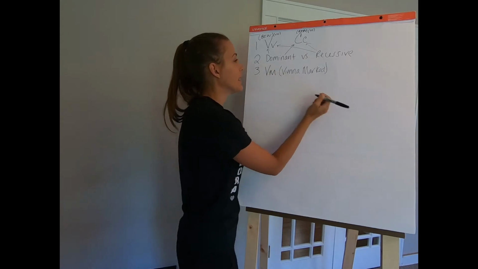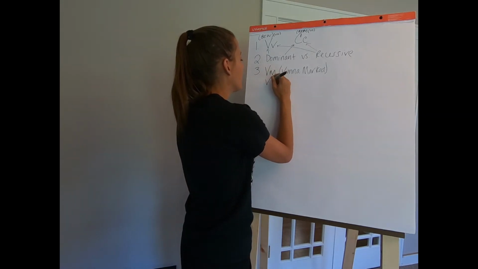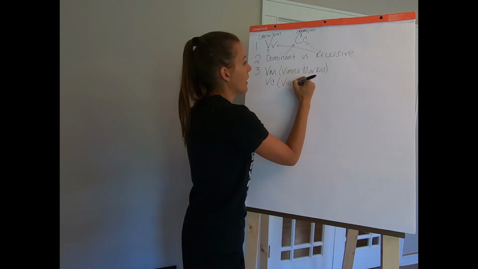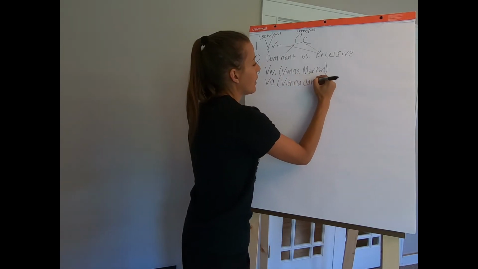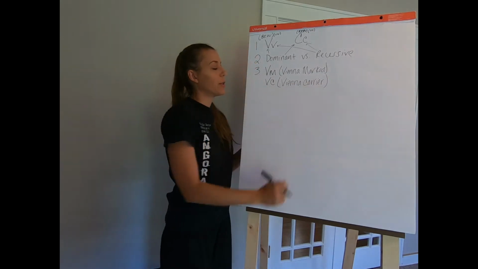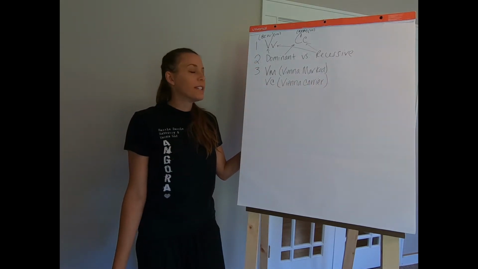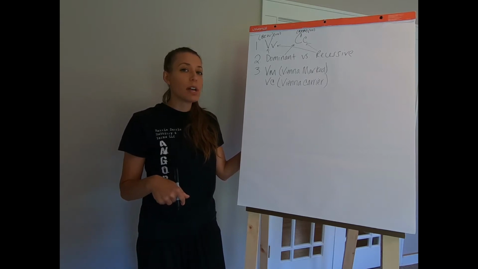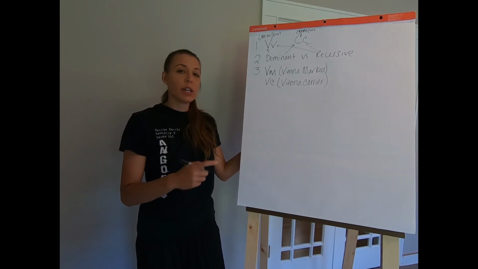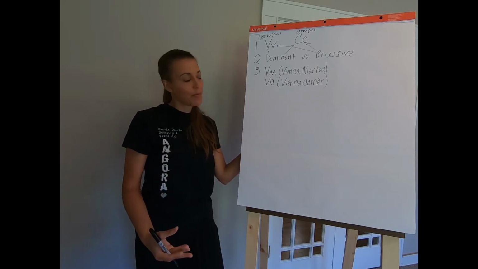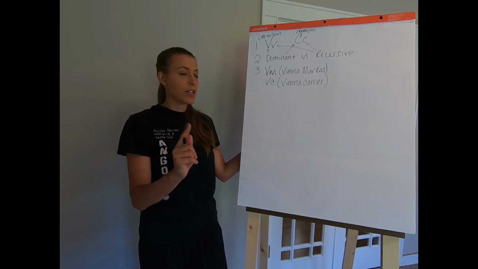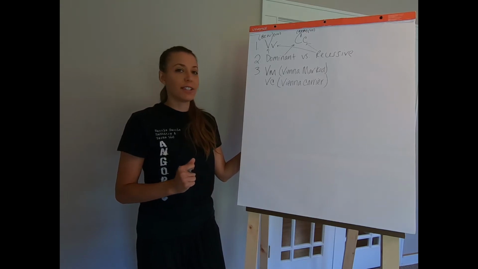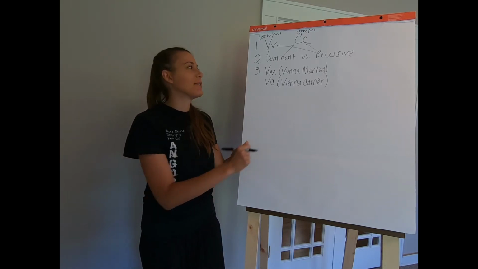The next is what we call a VC, or a Vienna carrier. So a Vienna carrier is an angora rabbit that you know has the Vienna gene, because we keep track of it on paper, one copy of the Vienna gene, but it doesn't look like it is a Vienna marked rabbit.